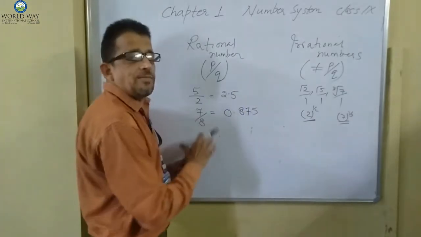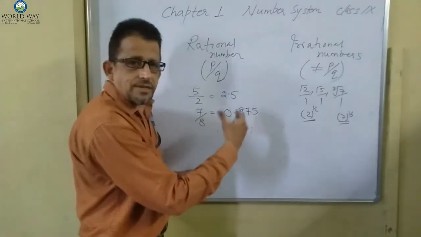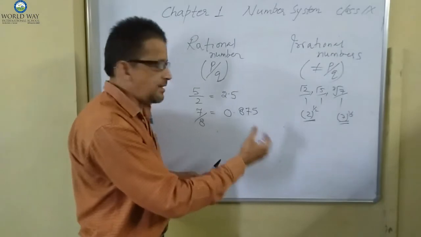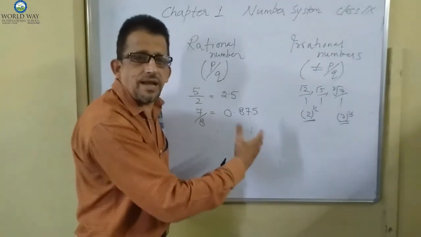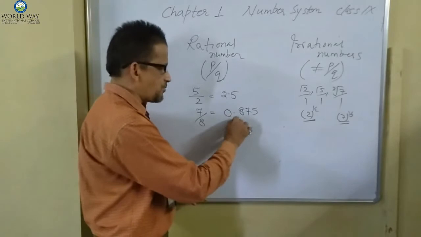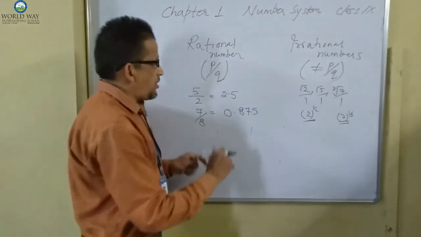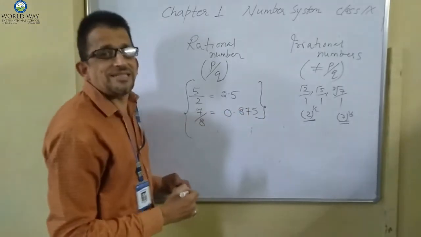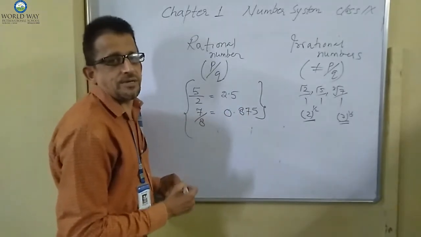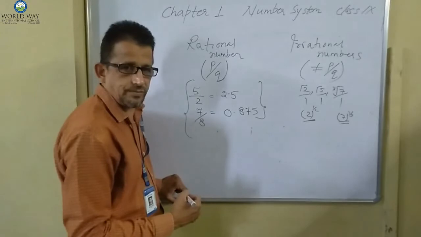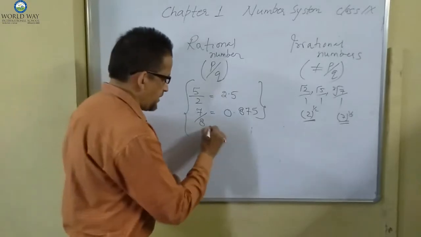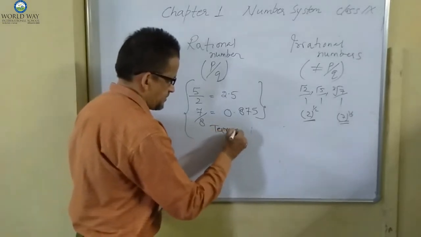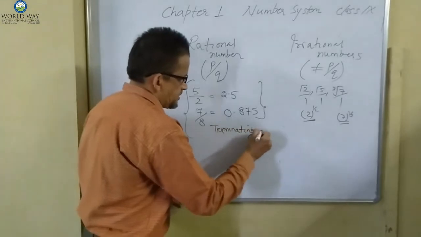When you divide 7 by 8, after 3 steps the remainder becomes 0 and the answer is 0.875. Such decimal expansions are called terminating decimal expansions.